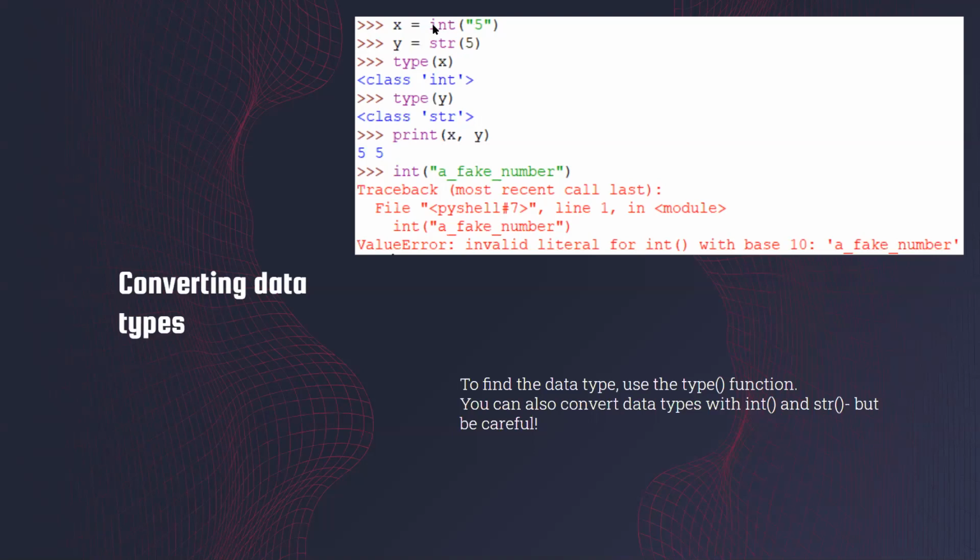So if we use this function, which is int, we can convert it into an integer. And then here, 5 is just a regular number on the second line. But then if we use the string function, or str, then it turns into the class string.